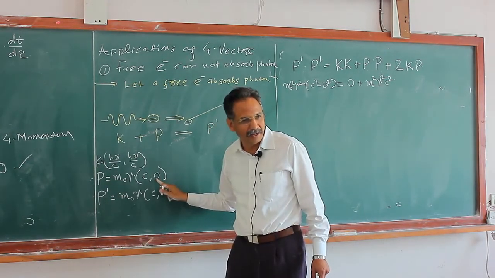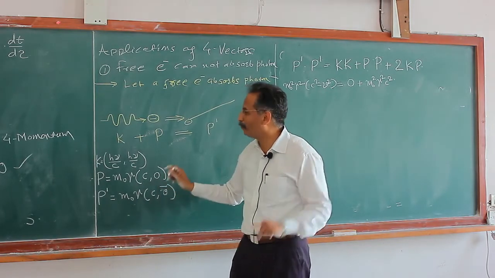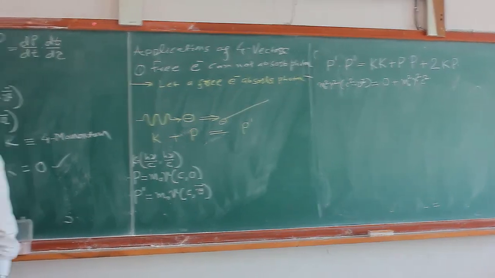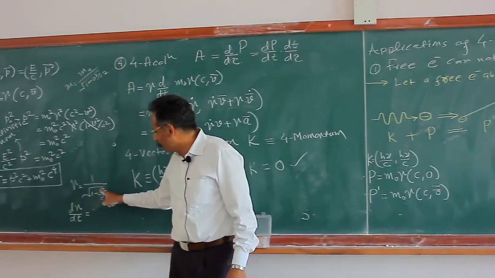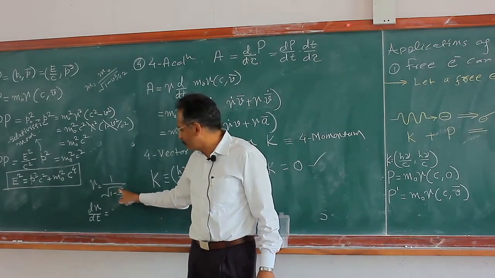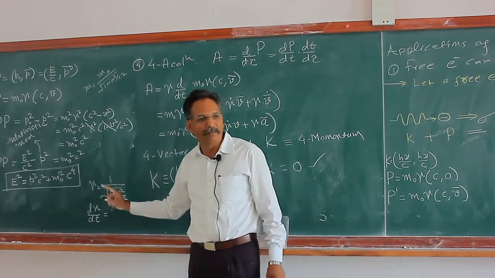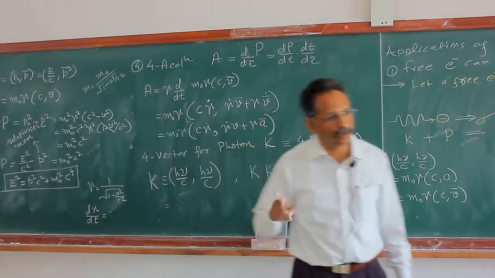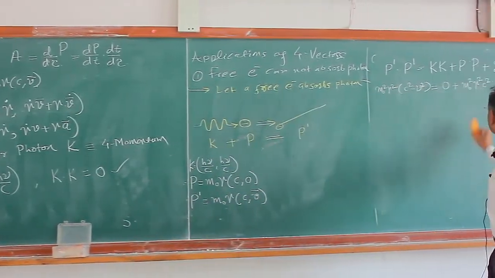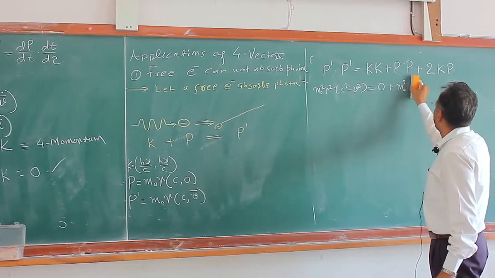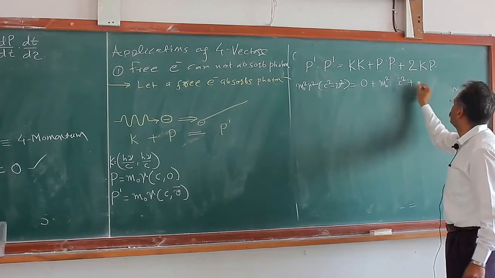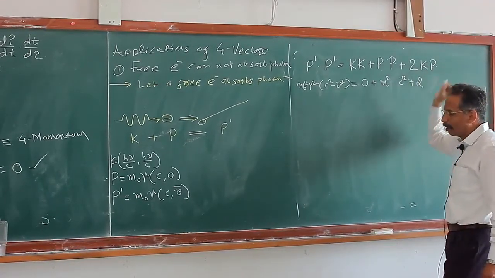Now in this situation, if the object does not have relative velocity, velocity is 0, so what will be gamma? It will be 1. Why? Because gamma is equal to 1 upon under root of 1 minus v square by c square. So the velocity of the rest electron is 0. So 0 upon c square will be 0, 1 minus 0 will be 1, and under root of 1 will be 1, 1 upon 1 will be 1. So here this gamma square is not having any sense, because it is 1, plus 2 times k dot p.